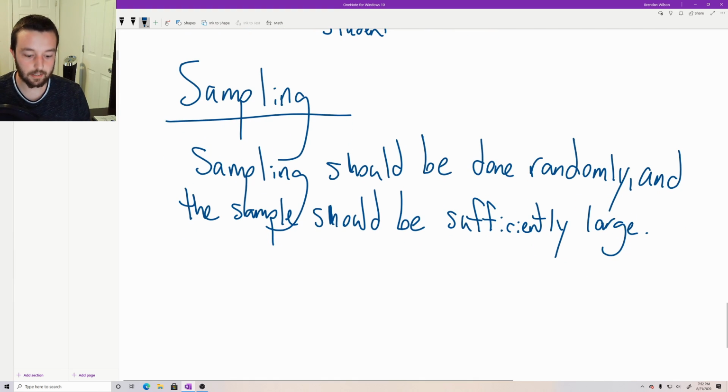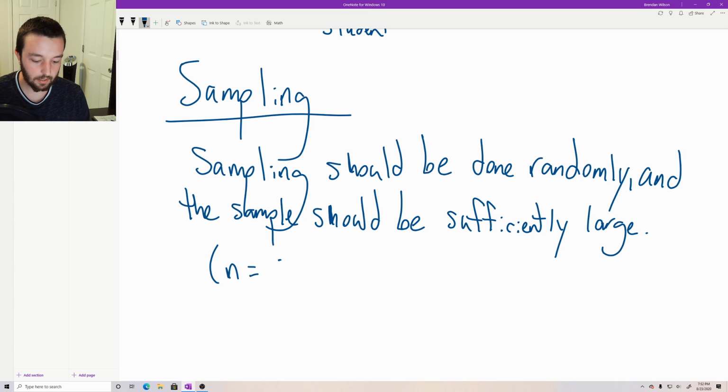So whenever you're reading a study, you should always look for, at the end of it, something like n equals 250, or n equals blank. Okay.